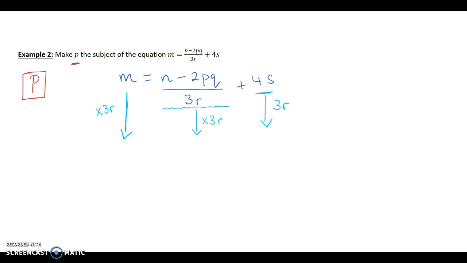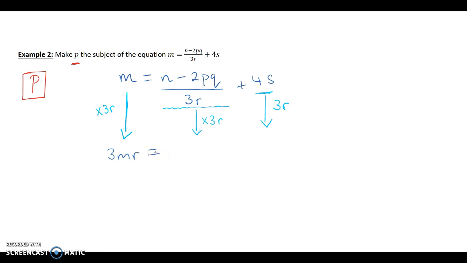And remember, when we multiply variables together, if they're different variables, then we just write them together. So m times 3r is going to be 3mr. You can write it as 3rm if you like, but I usually like to write it in alphabetical order when there are different variables.